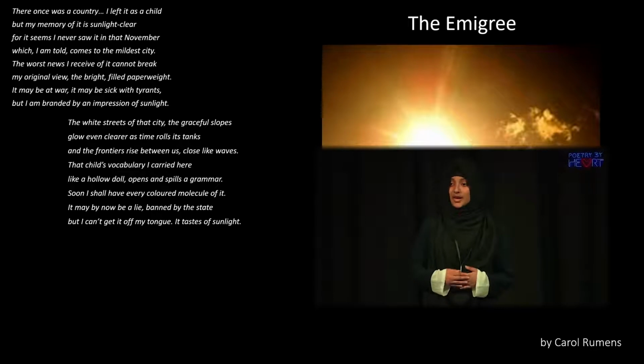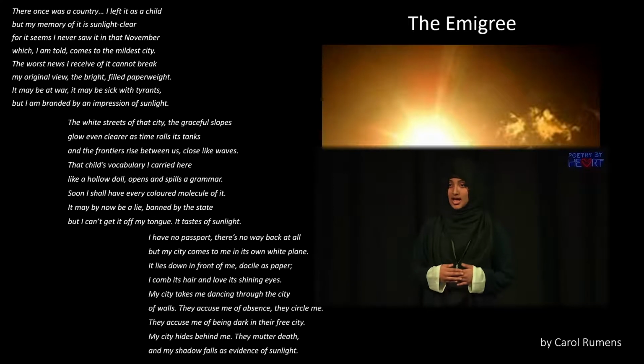That child's vocabulary I carried here, like a hollow doll, opens and spills a grammar. Soon I shall have every coloured molecule of it. It may by now be a lie, banned by the state, but I can't get it off my tongue. It tastes of sunlight. I have no passport, there's no way back at all, but my city comes to me in its own white plane.